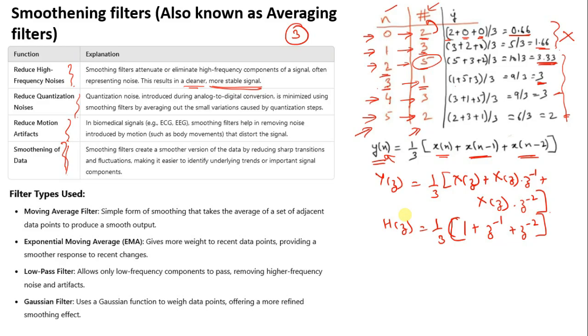Now if I say find out a 5-point averaging filter, you should be adding 2 more coefficients into the system, right?